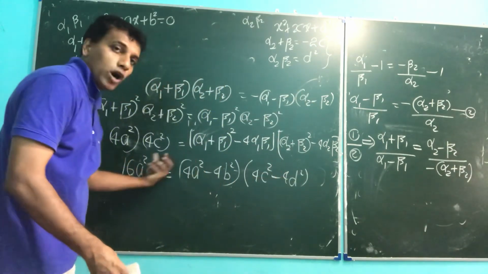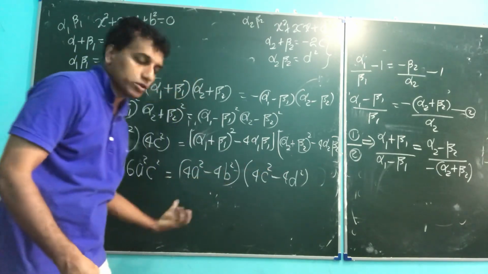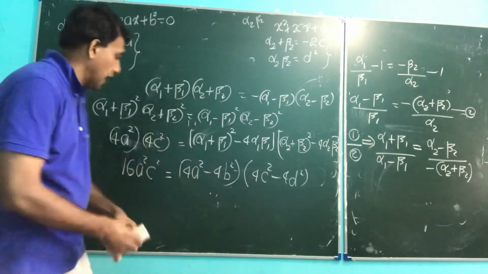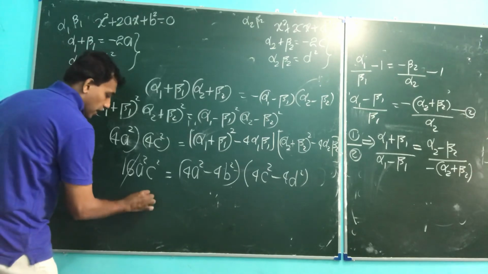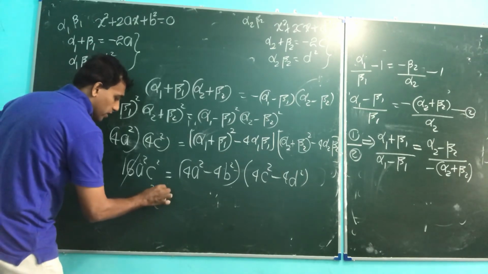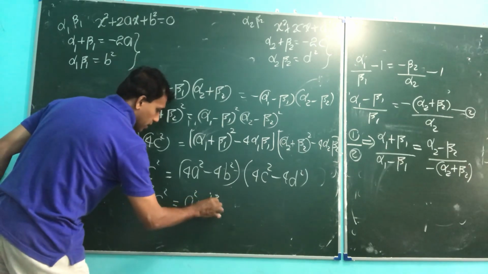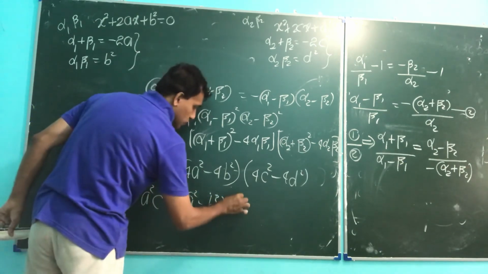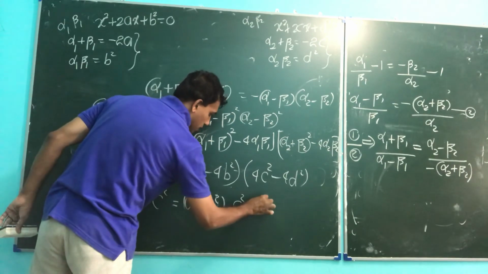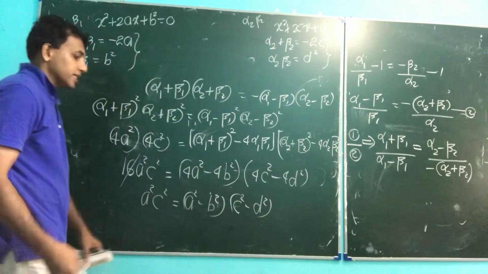Here take the 4 out. 4 and 4, 16, cancel with this 16. a square c square equal a square minus b square, here c square minus d square. Now with the answer decide the method.